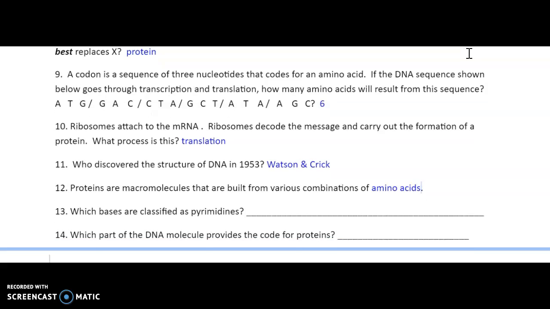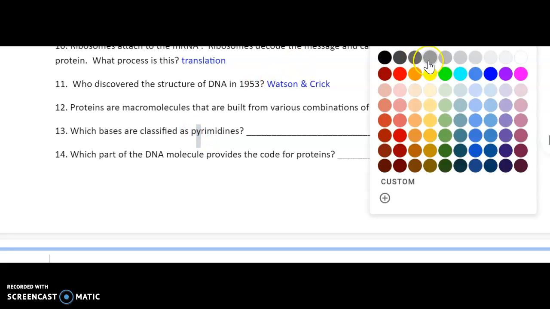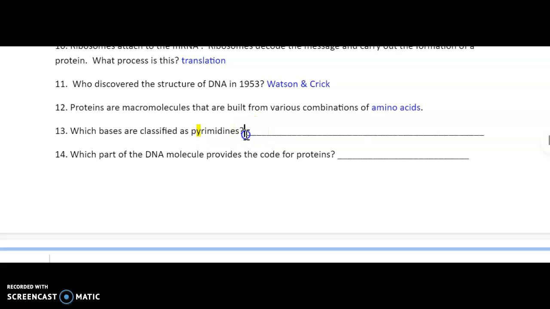Number 13 says, which bases are classified as pyrimidines? This is where we said Y's go together. There's a Y in the word pyrimidine. So we're going to pick our bases that also have a Y. And that would be thymine and cytosine. So our pyrimidines are thymine and cytosine.